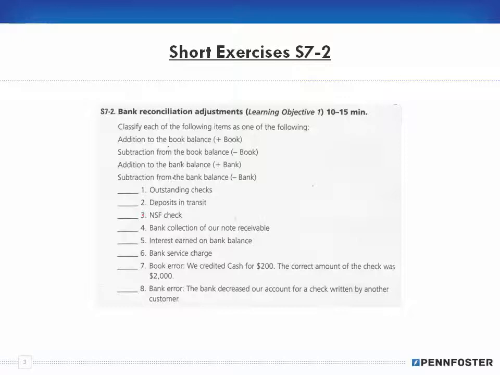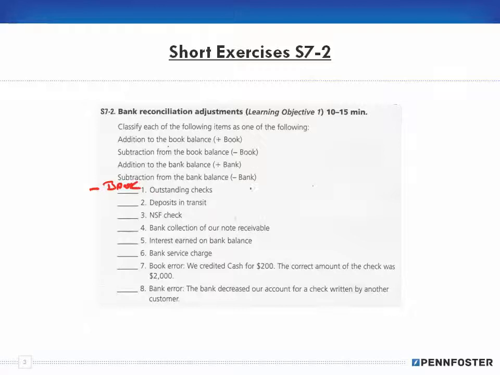Well, what we're doing here is we're looking at these common different things and determining where we should make that adjustment. For example, our outstanding checks should be a subtraction on your bank statement.